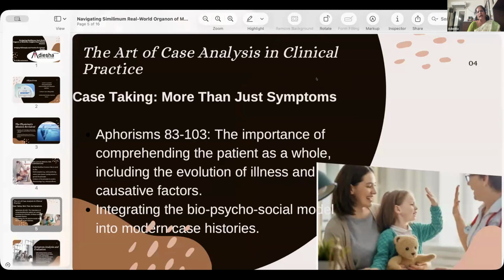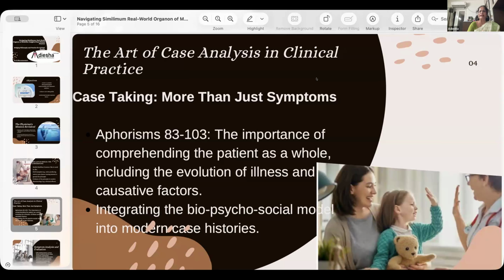The art of case analysis in clinical practice is more than just symptoms. Treating the patient by selecting the similimum in a holistic approach, by framing the totality instead of choosing the specifics using the medicine label.